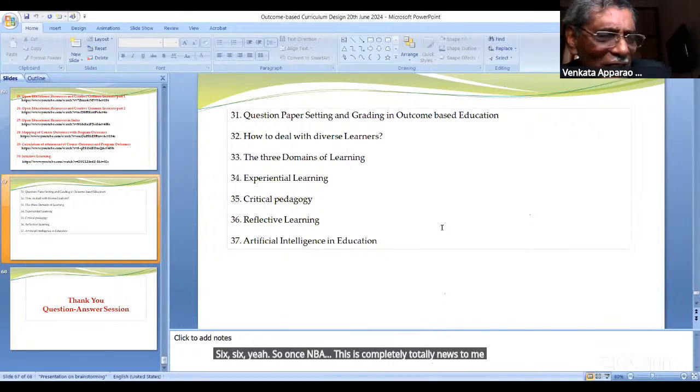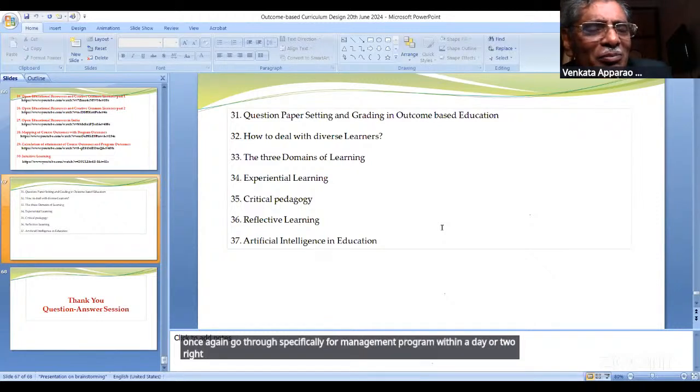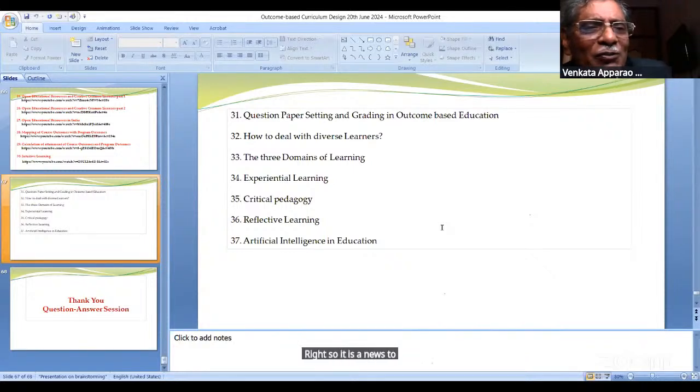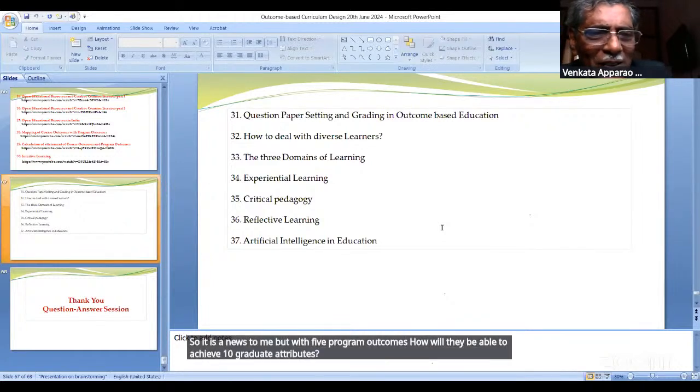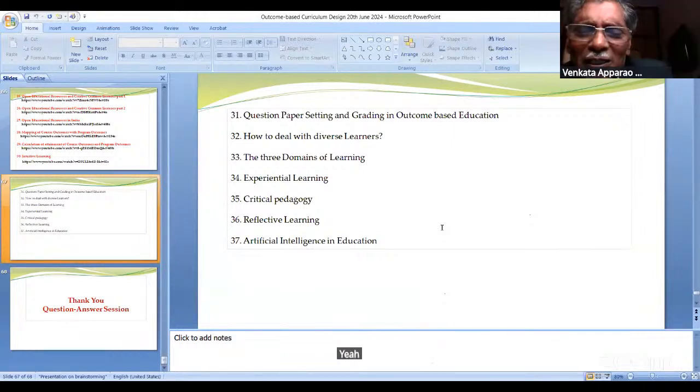I shall once again go through it specifically for the management program within a day or two. With 5 program outcomes, how will they be able to achieve 10 graduate attributes? Whatever NBA says, you simply follow it.